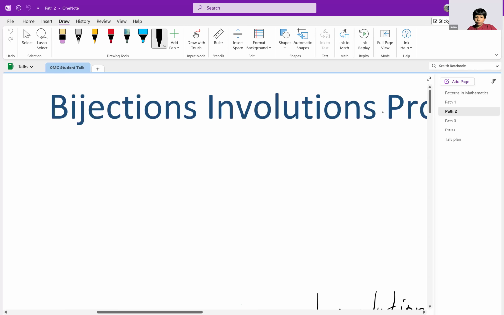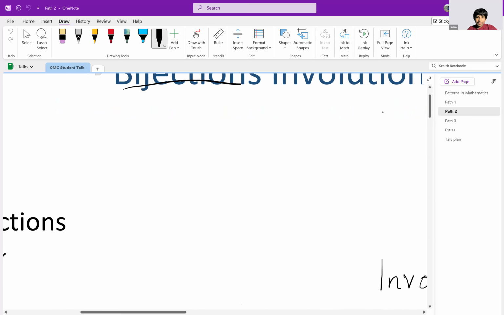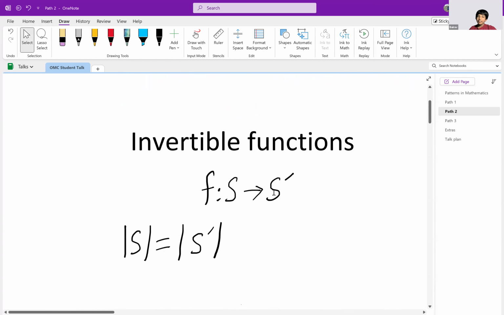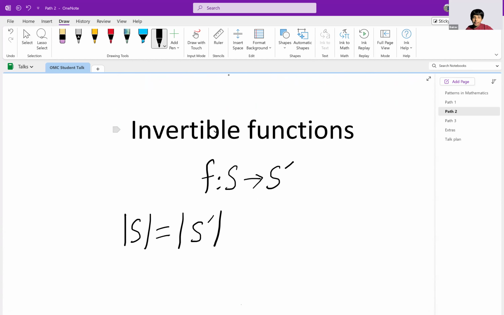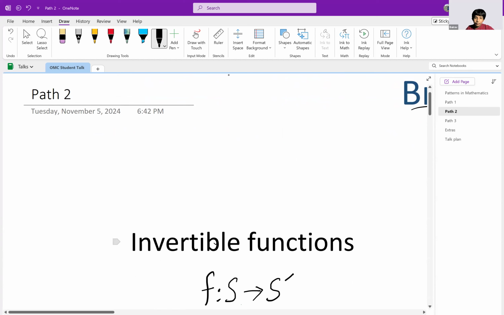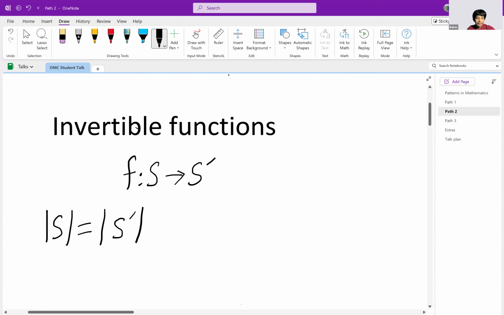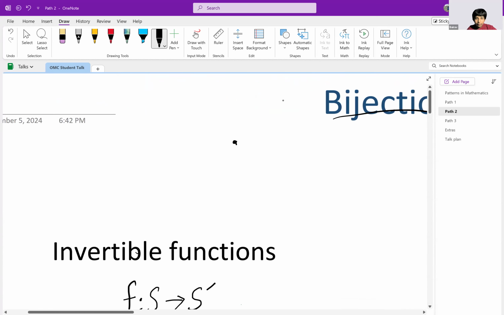We first look at bijections, which are an interesting type of function, and they have inverses. In fact, we say that two sets have the same cardinality if and only if there is a bijection between them.